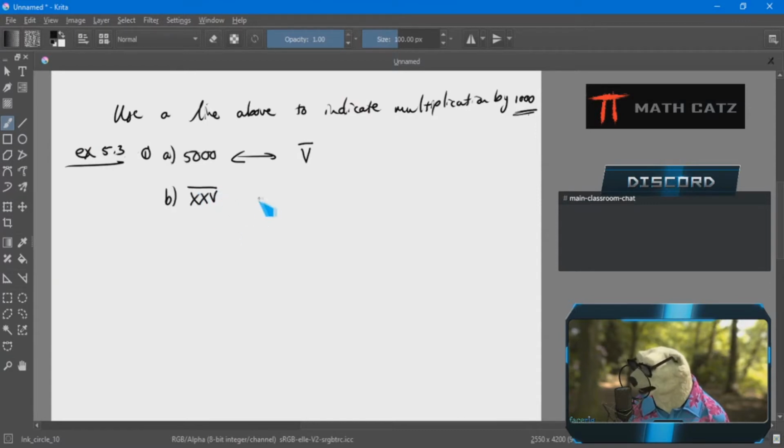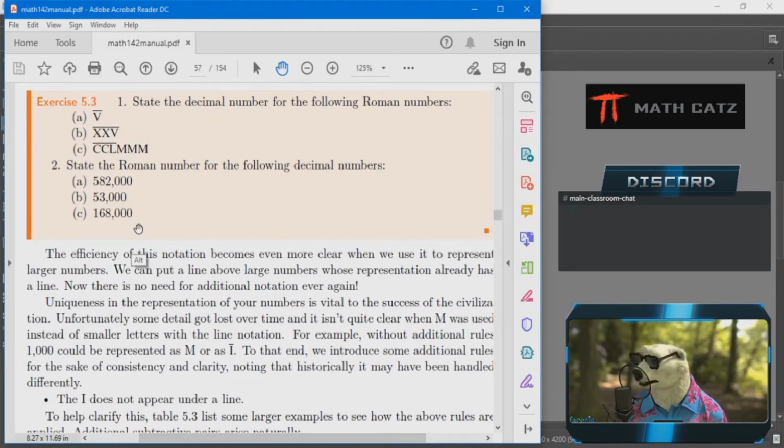That would be what's under the line. 25, and then the line makes it 25,000. Right? So I still look at what's under the line, then just shift it to the thousands, essentially. Okay, so with this, luckily, we're pretty much done. There isn't any new component to the Roman numbers. We're just trying to get used to it now.